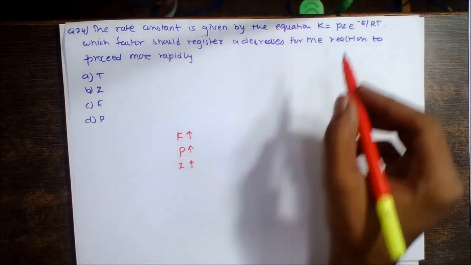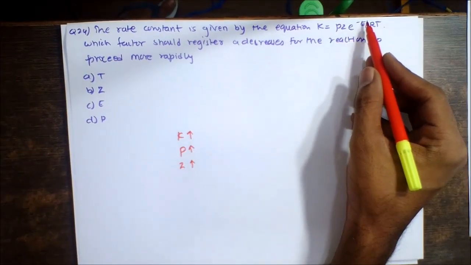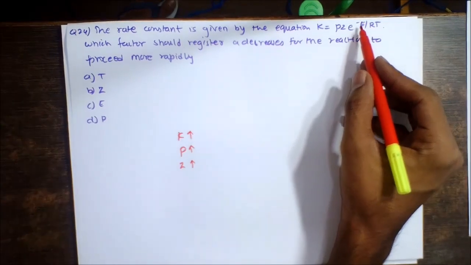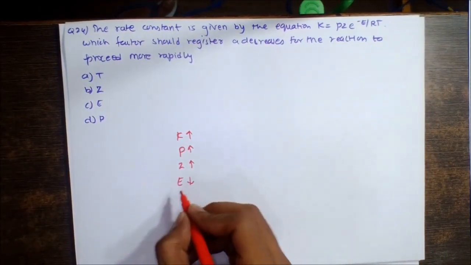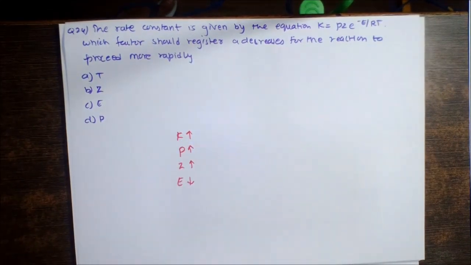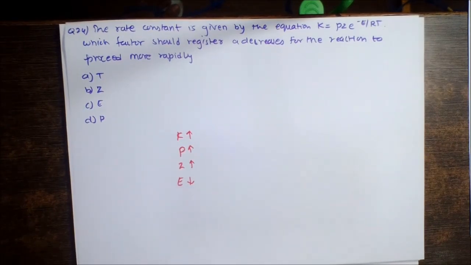If you see, E power is negative. Therefore, a decrease in activation energy will increase K, which will make the reaction faster. Therefore, your answer would be option C.